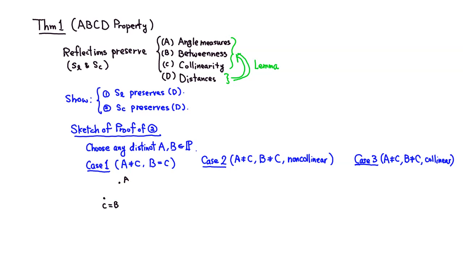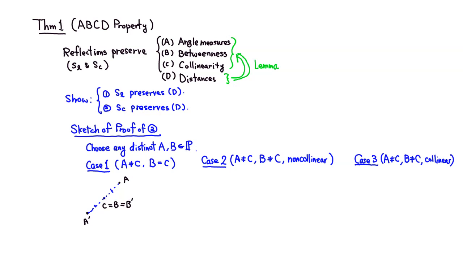If you construct A prime, you go here, go through C, and go to the other side, the same distance, and then we have A prime. Since B is the same point as C, after the point reflection it's not going to move, so B is actually the same as B prime.